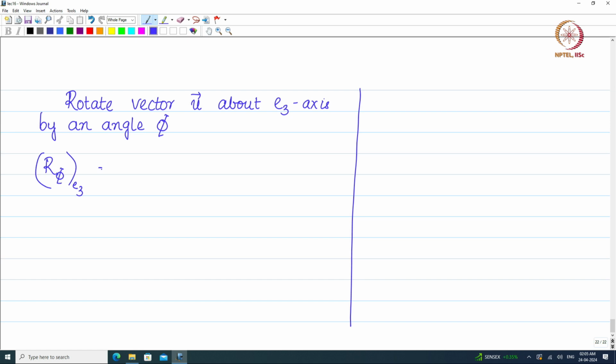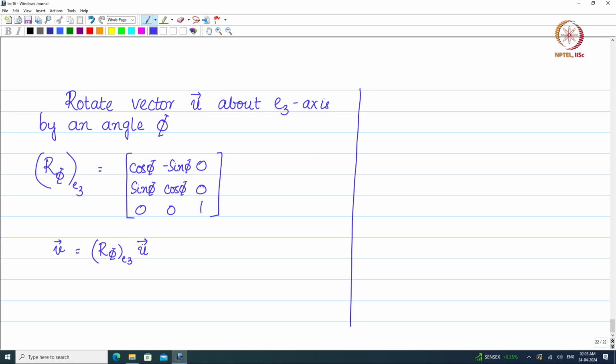My E3 axis is fixed, 0 0 1, which means the rotation is going to happen in the E1 E2 plane, the x1 x2 plane. So, I am going to have cos phi, sin phi, minus sin phi, cos phi. And let me take this vector v, which is nothing but r phi E3 applied on this u vector.